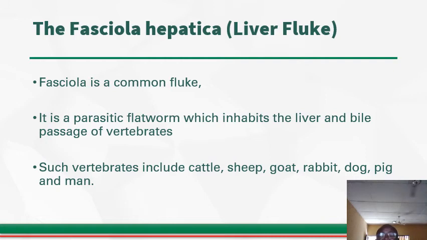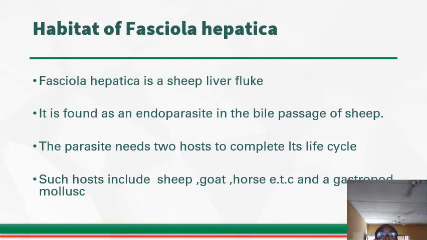So man and higher animals are hosts of the liver fluke, and it inhabits the liver and the bile in these animals. The habitat of Fasciola hepatica, as I've said, is the liver of sheep, and it is found as an endoparasite in the bile passage of sheep.